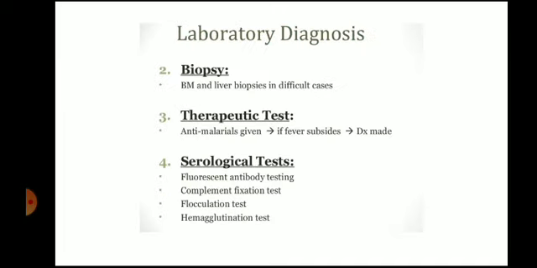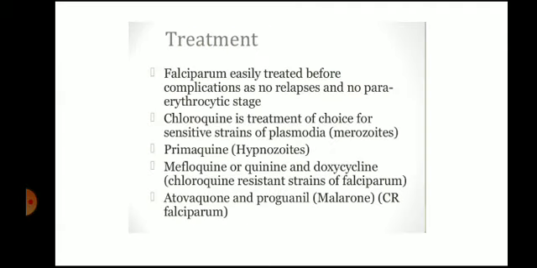Bone marrow and liver biopsy can be done in difficult cases, and therapeutic tests like antimalarials are given, and if fever subsides, diagnosis is made. Serological tests like fluorescent antibody testing, complement fixation test, flocculation test, and hemagglutination tests are also done.